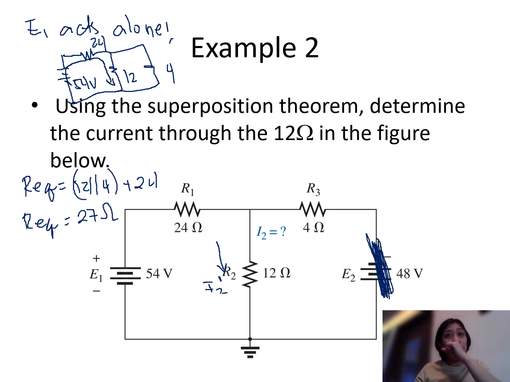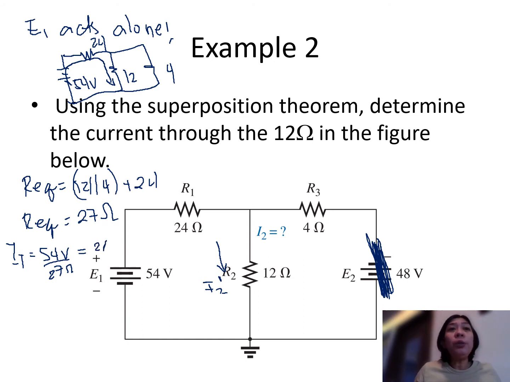So how are we going to determine that? We know that R equivalent is equal to 27, so we can solve for the total current. The total current is 54 volts divided by 27 ohms, which is equivalent to 2 amperes.